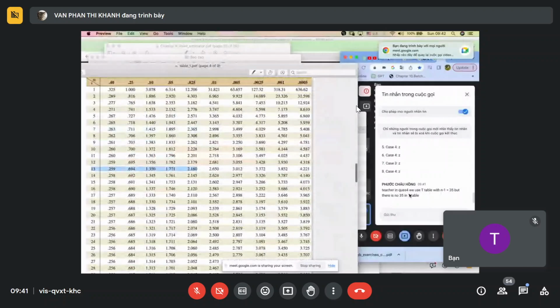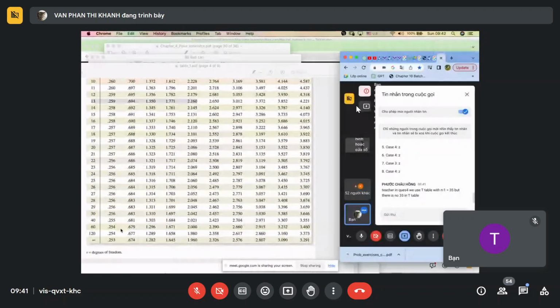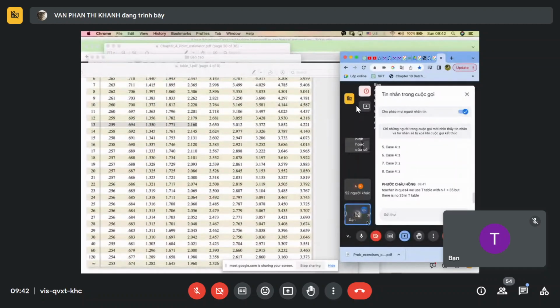If you don't have 35, you round it. Let me see. You can choose one of these two numbers. So what is alpha here, Phước? In question 4, what is alpha?